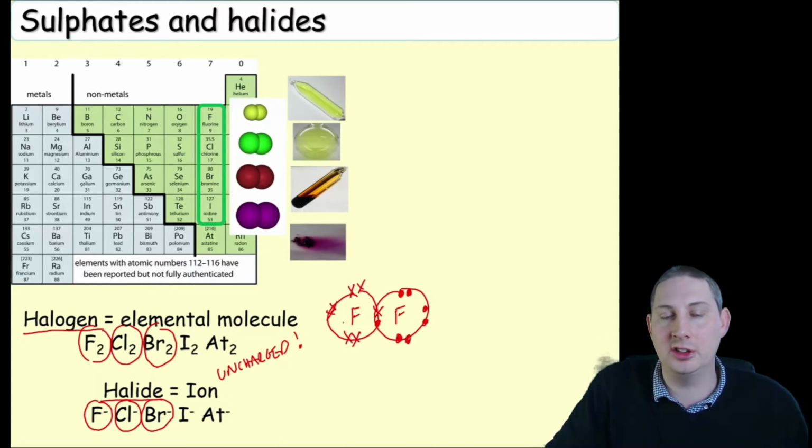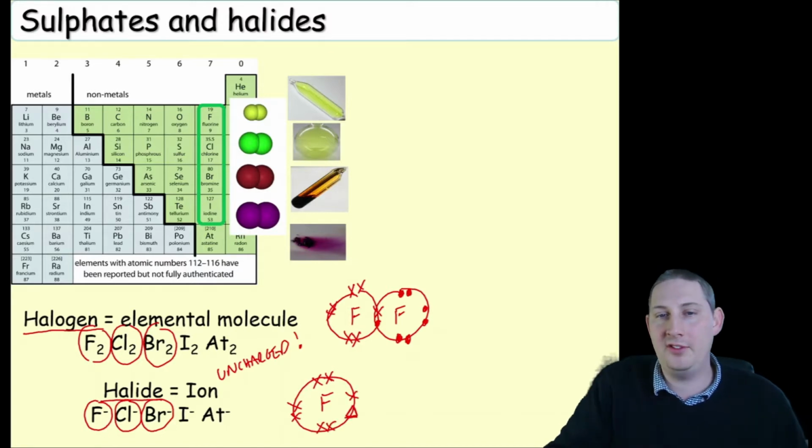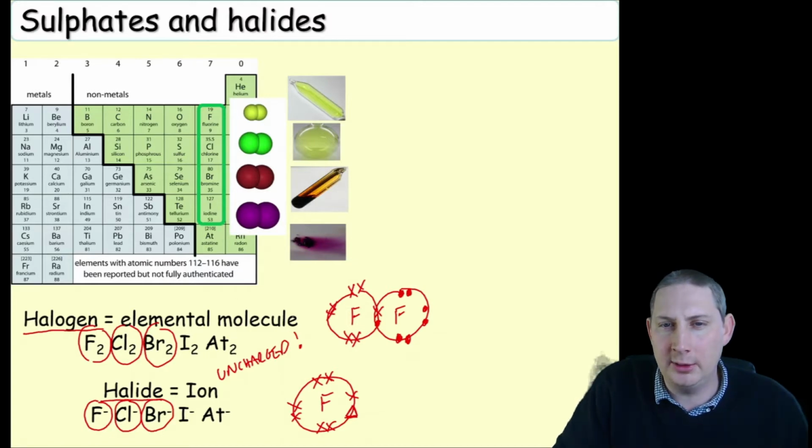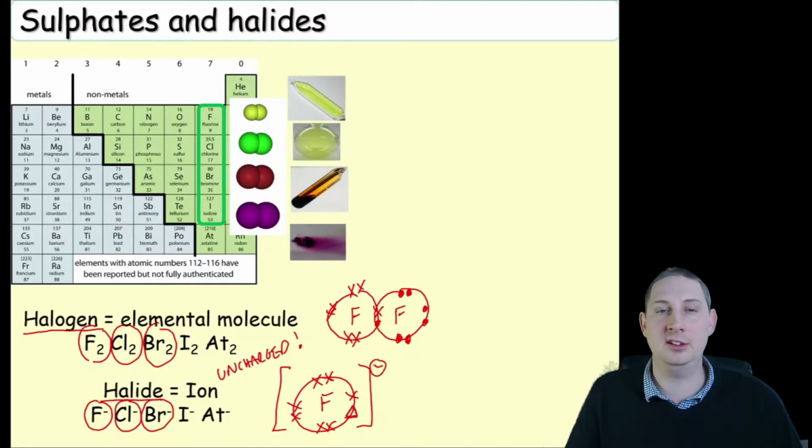That's why the halogens are diatomic. Why don't halides need to be diatomic? Well, once fluorine has reacted with a metal, it's got an extra electron already, so it's perfectly happy going around as a negatively charged ion with a full outer shell. That's why the halogens are diatomic and the halides aren't.